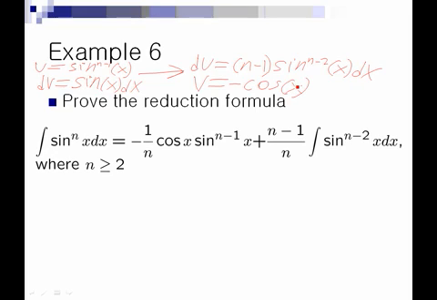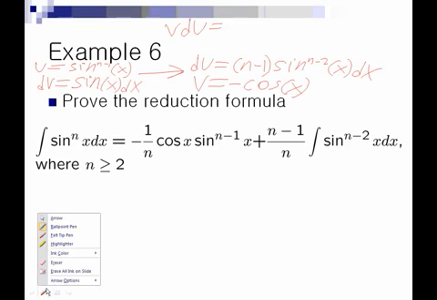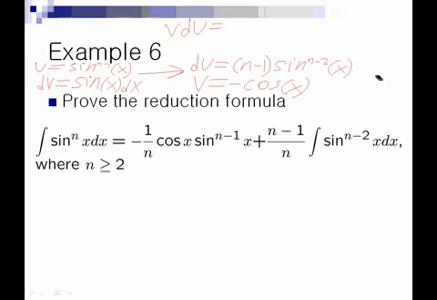I'm sorry, I forgot to multiply by cosine. Due to chain rule, we'll also get an additional cosine of x in du, cosine of x dx.